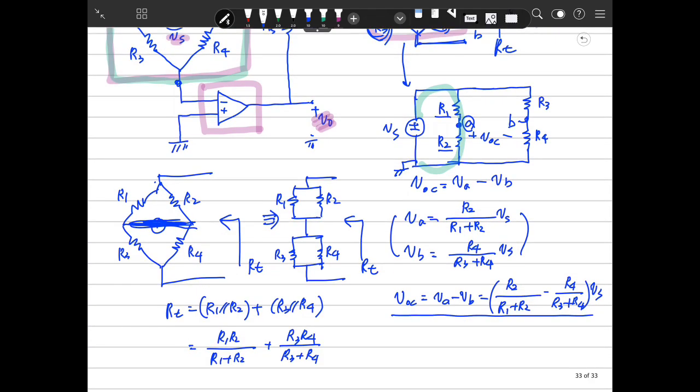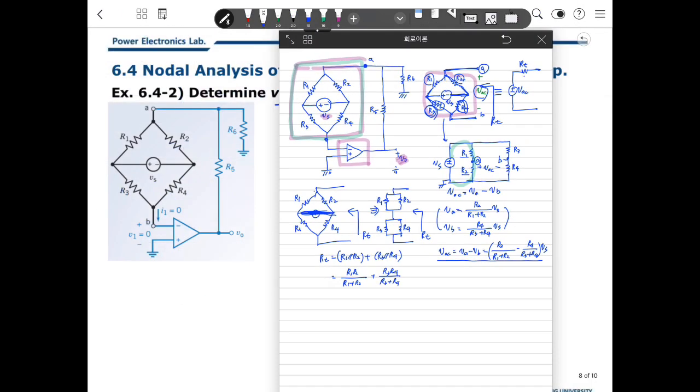So RT is placed here, and VOC is placed here.